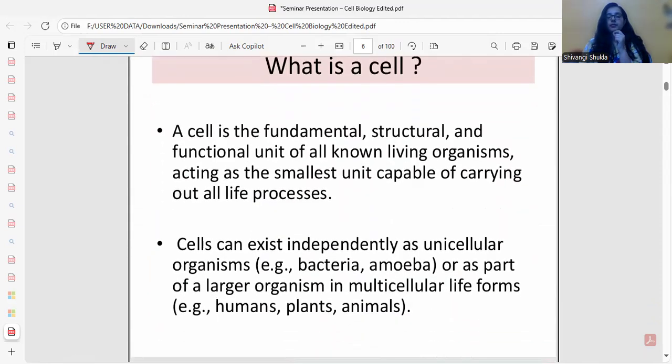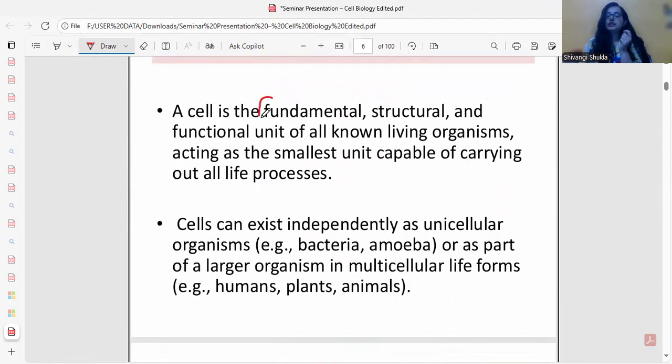We know by definition, it is the fundamental unit of life. Fundamental, that is the most basic. It forms the foundation. It is laid one over the other to give rise to the tissue and then to the organ system and the entire body.